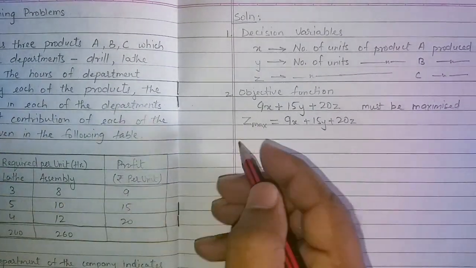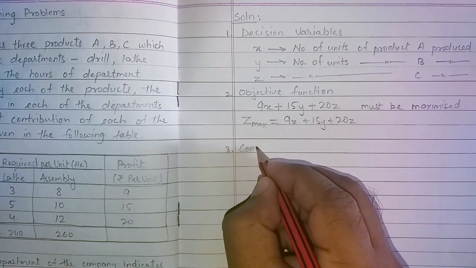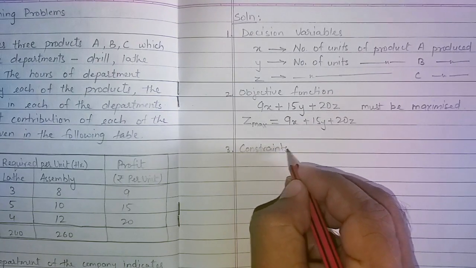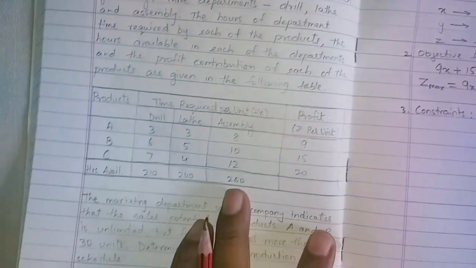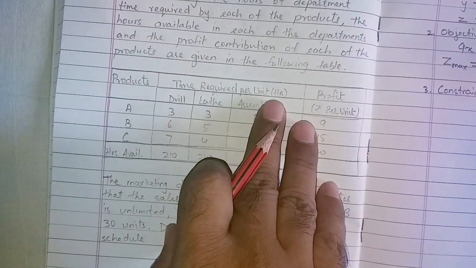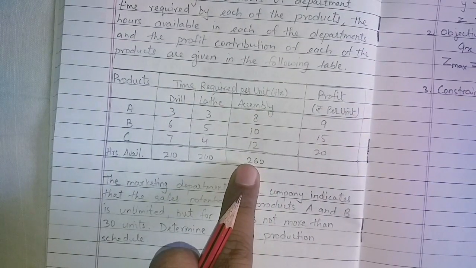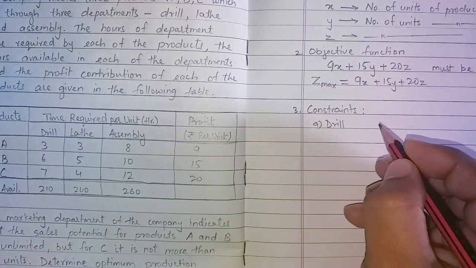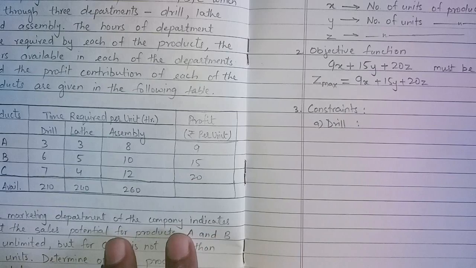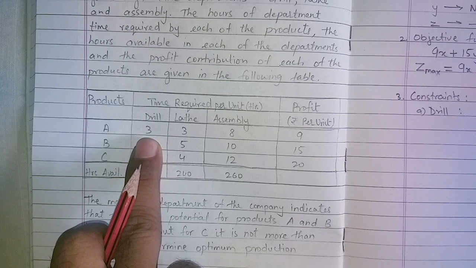Then comes your constraints, which is my third step, finding the constraints. Now, what are the different types of constraints? First of all, simple time constraints are given, but for each department I'll have a different equation or function. So for drill, what is my constraint? For product A, we have only 3 hours.